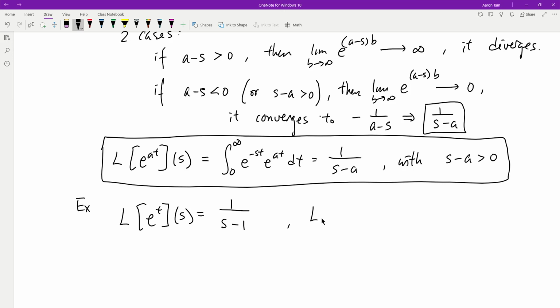Another example: what if I have the Laplace transform of e to the negative t? When I compare that to the formula, I have negative 1 as a. Therefore, that must equal 1 over (s plus 1).